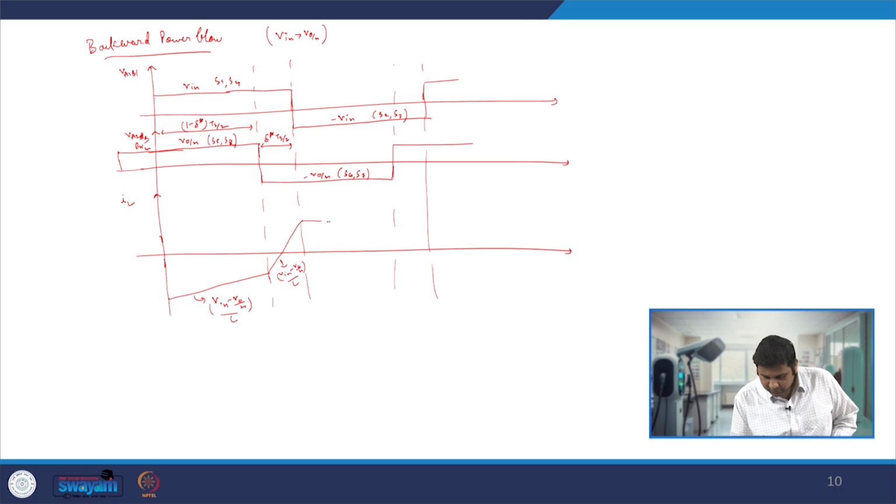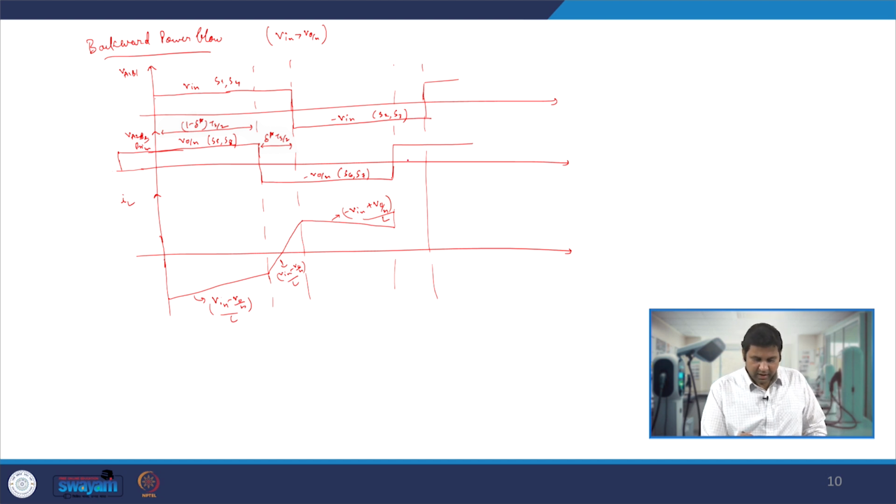Then we have something like this waveform, minus V in plus V naught by n, divided by L, and finally at this place we have minus V in minus of minus V naught by n, so we have this going like this.